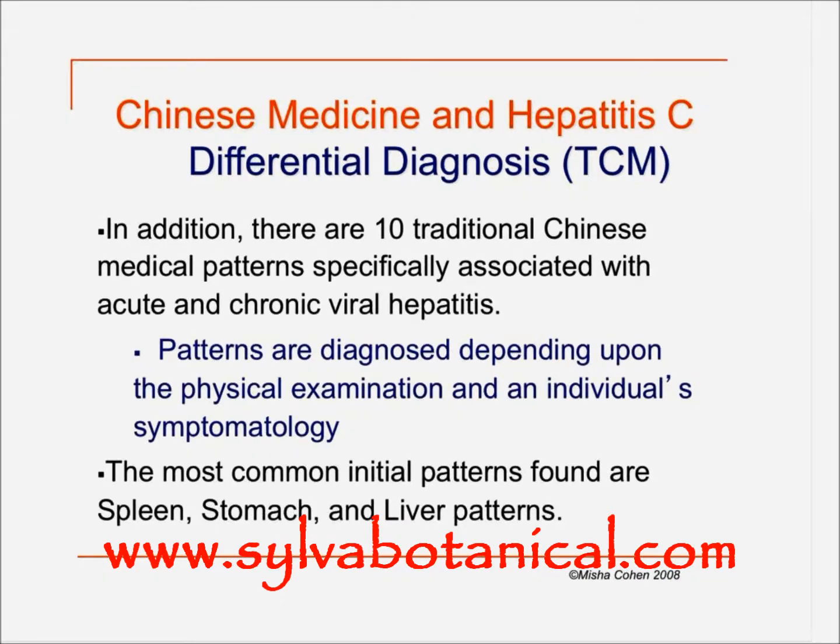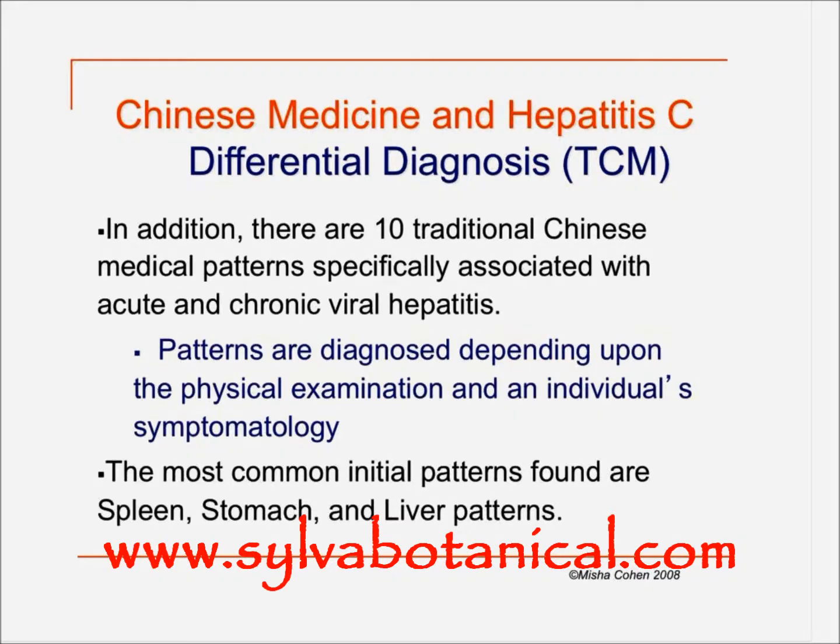I think that before, in the 6-hour class before you joined this class, there were some slides that went over all the different types of symptoms associated with hepatitis C. One of the things I want to remind you is that many of the symptoms found in hepatitis C are associated with the spleen and the stomach in Chinese medicine, not the liver.